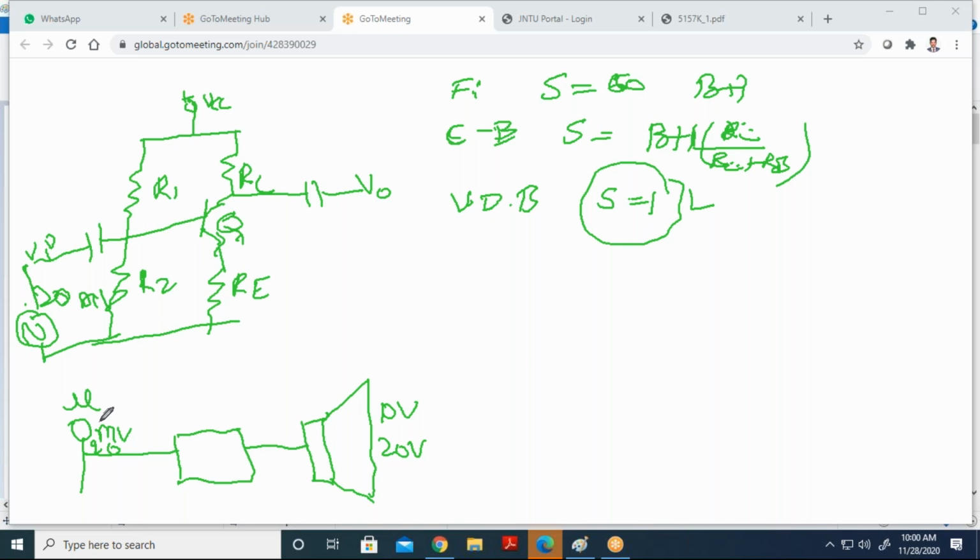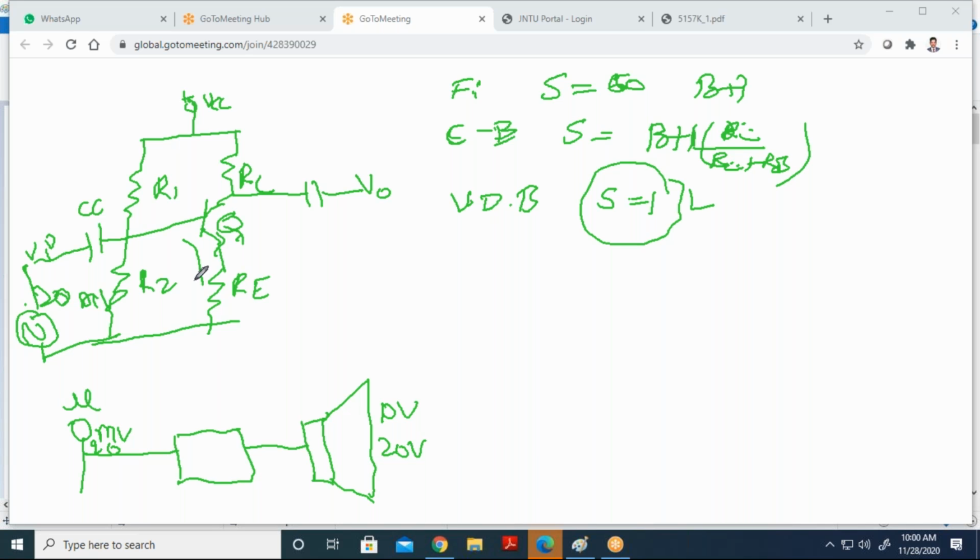So whenever input AC signal is connected to the input coupling capacitor, what happened? Input connected to base, so base to emitter junction goes into forward bias. Understood?